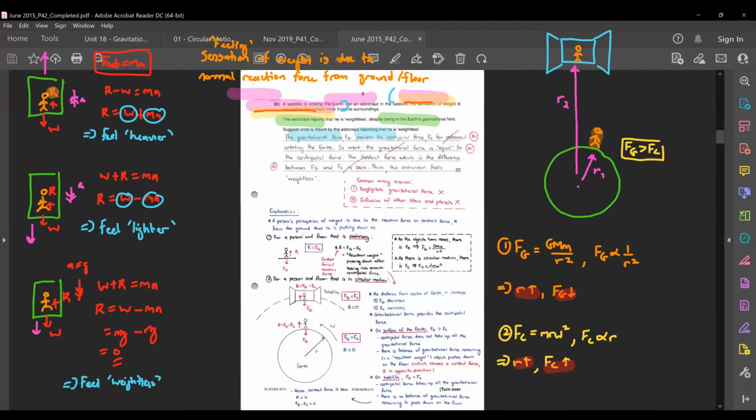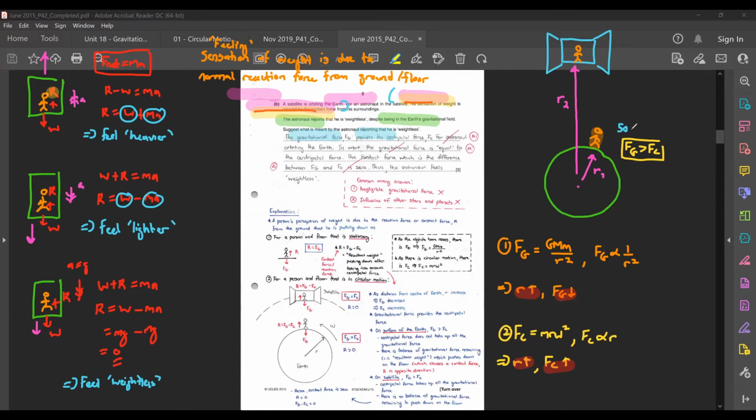To give you some values, when you're at the surface of the Earth, your gravitational force could be, just for the sake of discussion, say 50 Newton, but centripetal force maybe is 10 Newton.